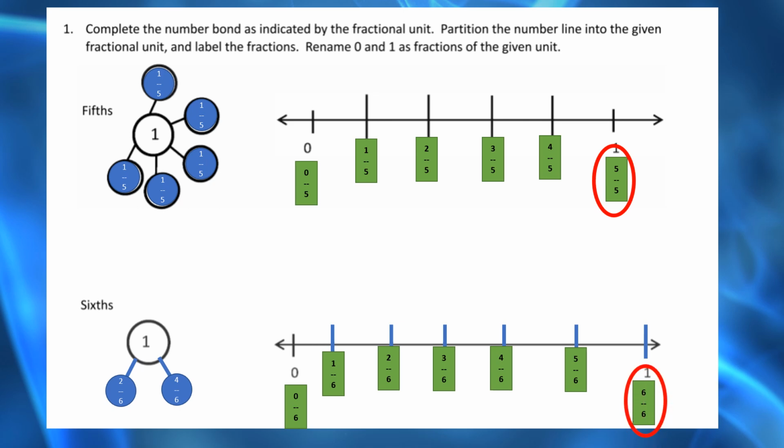And we're going to go ahead and circle that because 6/6 is equal to 1. Remember, we're circling all of our fractional units that are the same as 1 because we're going to need that for another question a little later on in our homework. Right now, if you need to pause your video to make sure that your paper looks like my screen, go ahead and do so now.